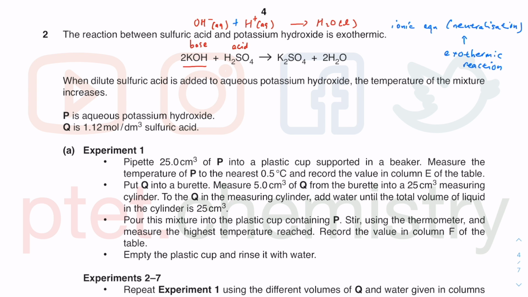It means that the system releases heat to the surroundings, the system loses heat energy to the surroundings, and the surrounding, which is your solution, is going to get hotter. So the temperature of the solution is going to increase, and this is something that we will observe in any exothermic neutralization reaction.